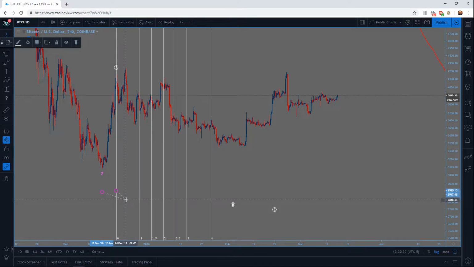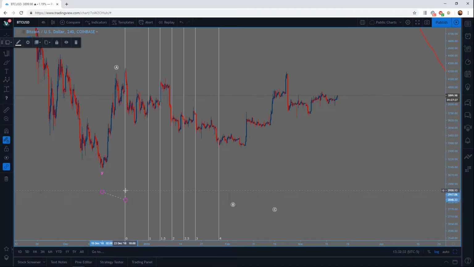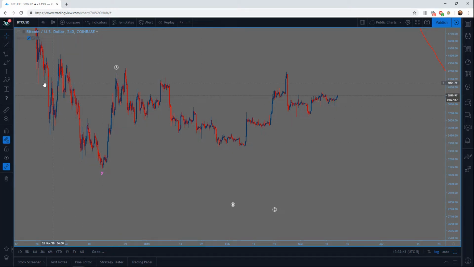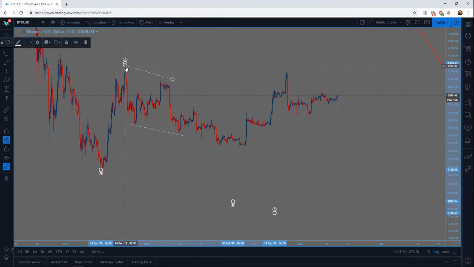Oops. I got to pull both of them. Sorry. And you see it was just under 2.5 times as long. So for me, I was thinking, hey, we might be complete here in a flat correcting this. So this would be our A, actually.